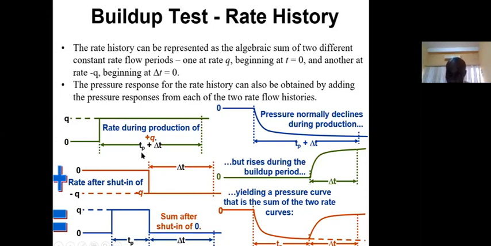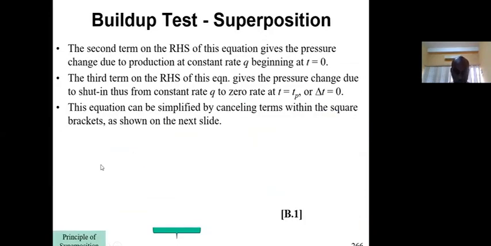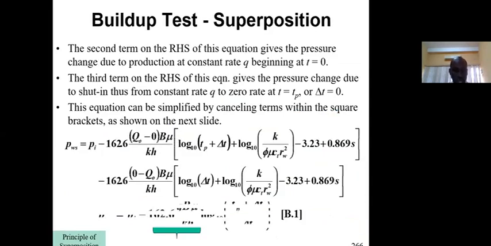Tp is the producing time, delta T is the shut-in time. And so this brings us to equation B1, the equation for the analysis of a build-up test.